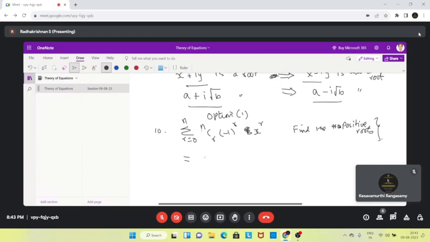Remember the binomial theorem. Recollect the binomial theorem and tell me what this expression simplifies to.